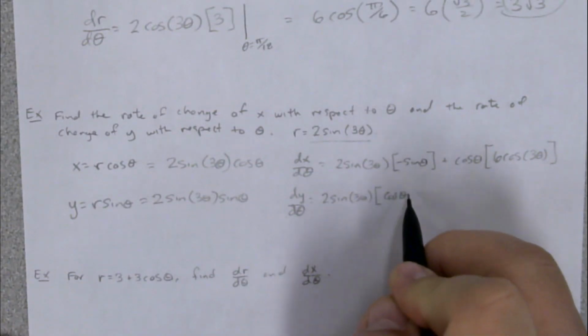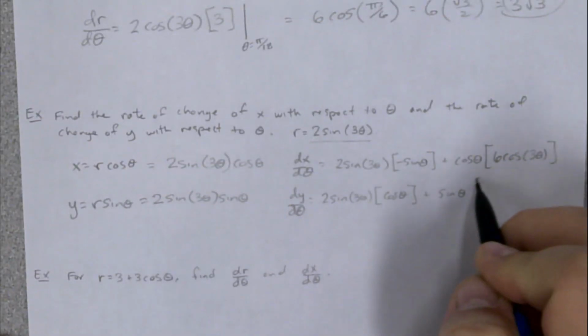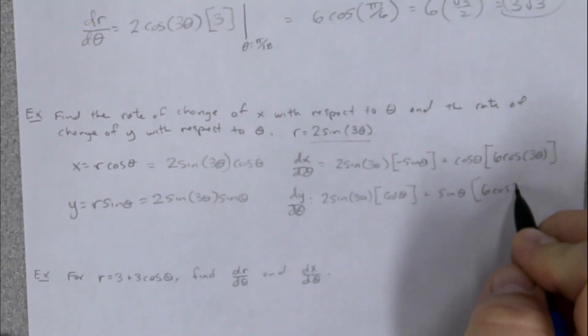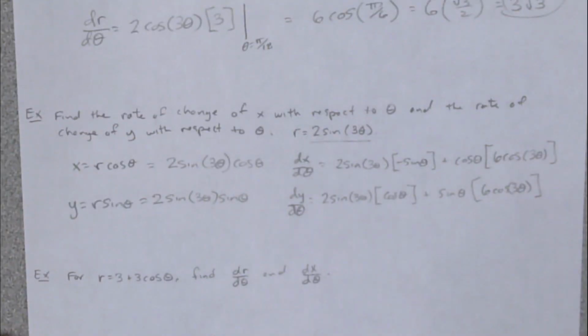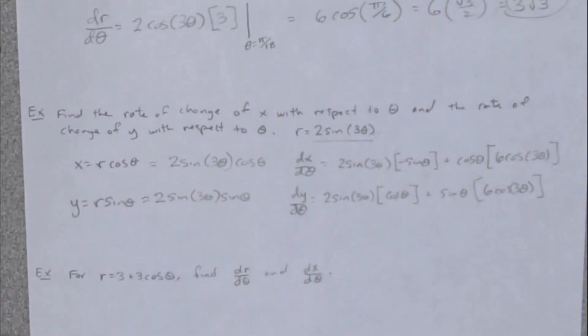Times the cosine, and then the sine, times all of this up here again. And there's dy. Okay? Again, if this was on the free response portion of the test, you would not need to simplify any of that out. You would just leave it.